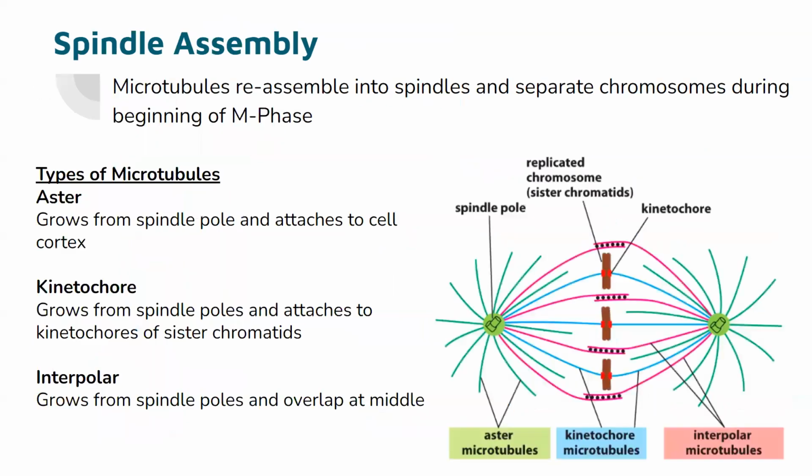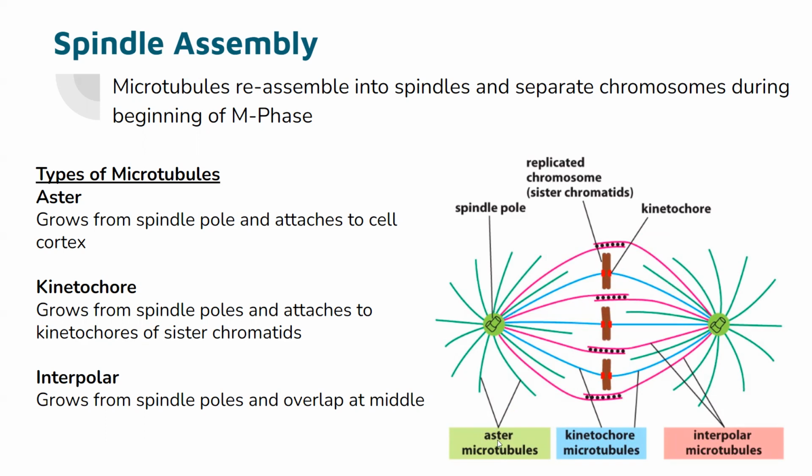And so spindle assembly is going to start to occur in prophase, but this is a picture of metaphase. There are different sections of the cell with different microtubules involved. There are three types of microtubules.